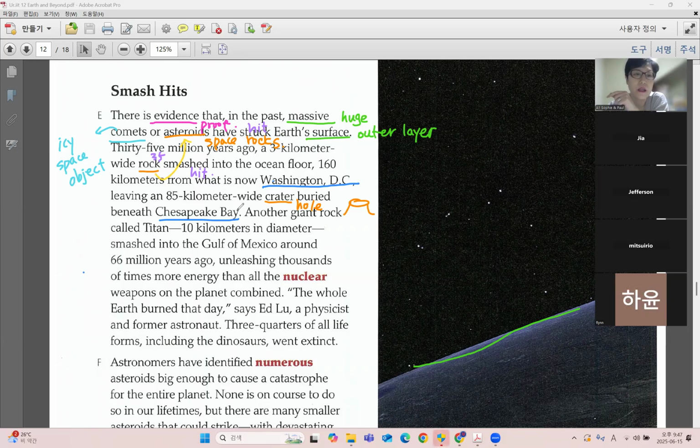Another giant. What is a synonym for giant? Very big. Massive. Okay, giant means a huge rock. What is another name for that? Asteroid or meteorite, right? Called Titan, 10 kilometers in diameter.